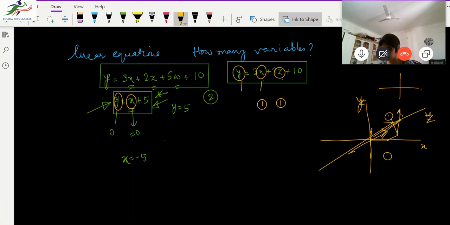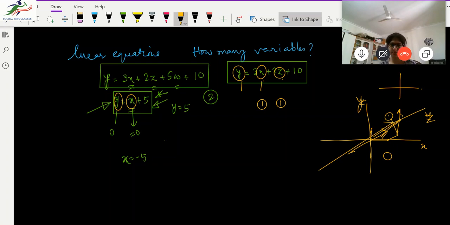Similarly, when we go to higher dimensions, there will be more axes that need to be drawn or visualized to see the actual plot of the equation, right? So I just told you this.